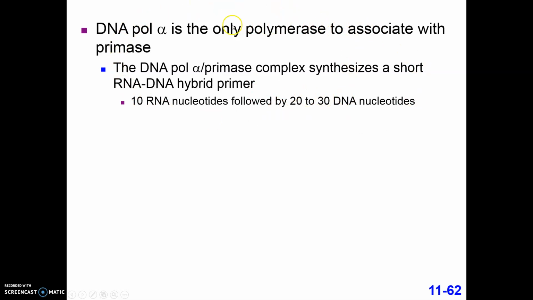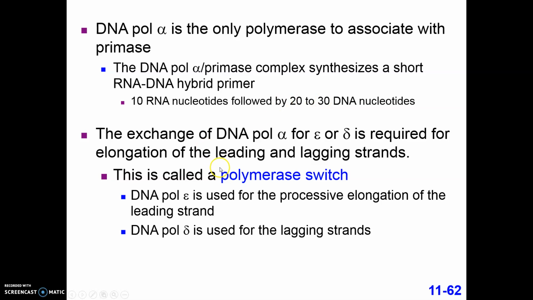And this will just do this job over and over again. Once it's gotten a little bit past this point, it switches and exchanges the alpha for the other two.